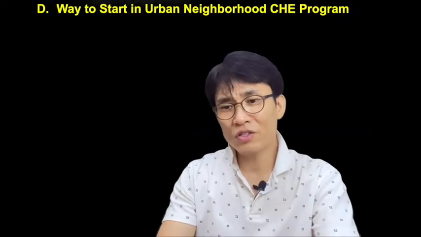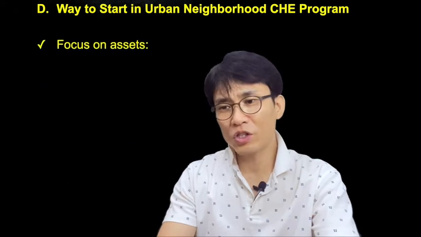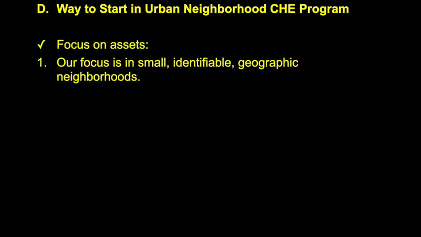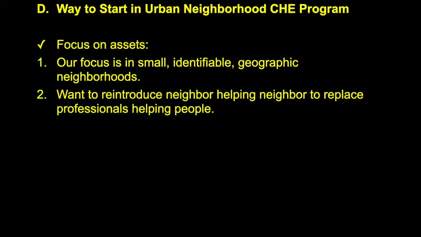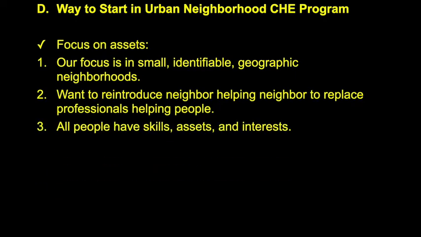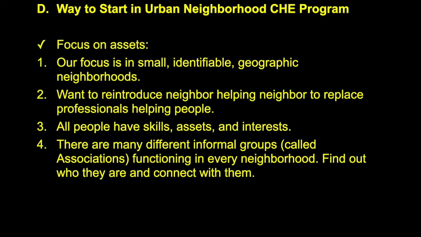So, the way to start an urban neighborhood CHE program: work in small, identifiable geographic neighborhoods, and reintroduce neighbors helping neighbors to replace professionals helping people. All people have skills, assets, and interests. There are many different informal groups, called associations, functioning in every neighborhood.